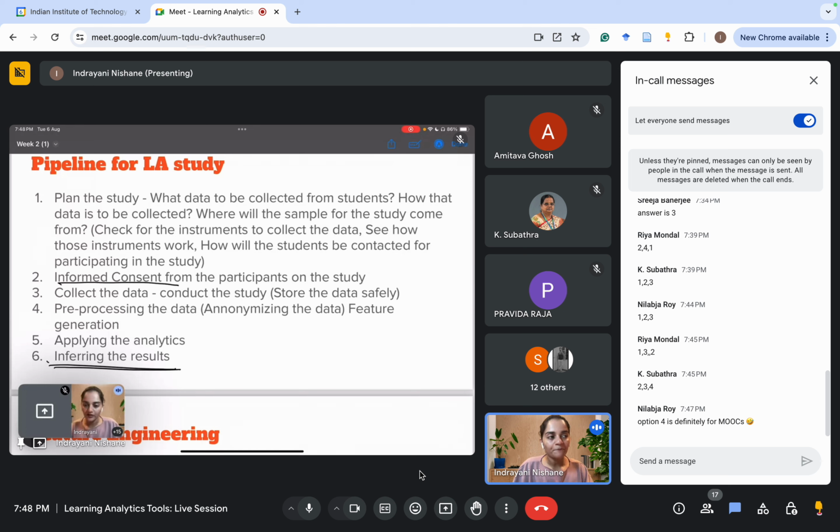Say, for example, we are conducting some study with class 4 students. Class 4 students are very sensitive, so their behavior or their performance will depend on factors like whether they just fought with their bench partner, whoever is sitting beside them, whether they had some disagreement with them. That factor also will influence their behavior, right?